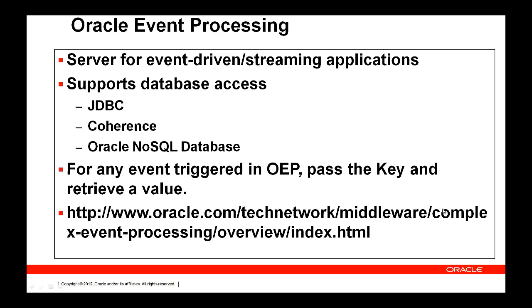The Oracle Event Processing engine will repeat for all customers that may be interested in that event. Oracle Event Processing can use Oracle 11g, Coherence, and Oracle NoSQL Database in this manner. For more information on the Java server that supports Oracle Event Processing, please see the documentation link at the bottom of this slide.